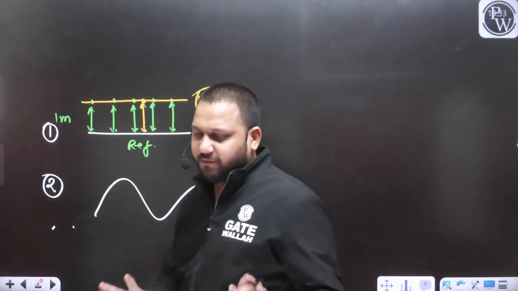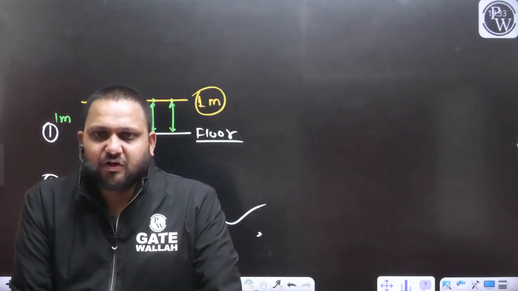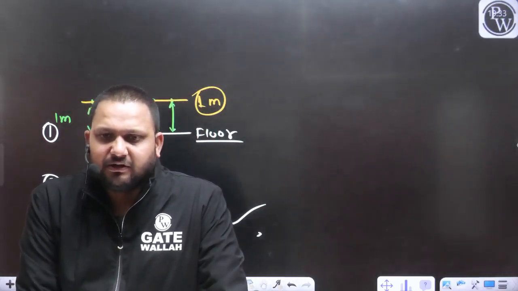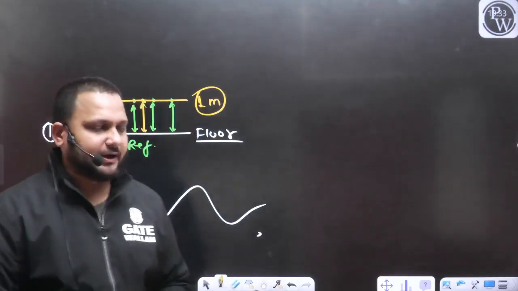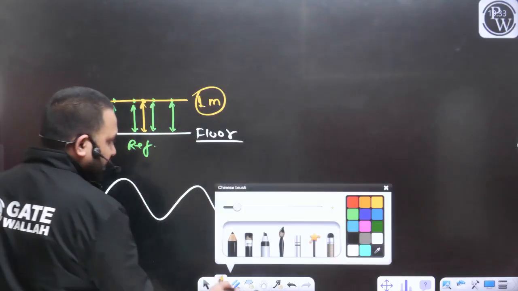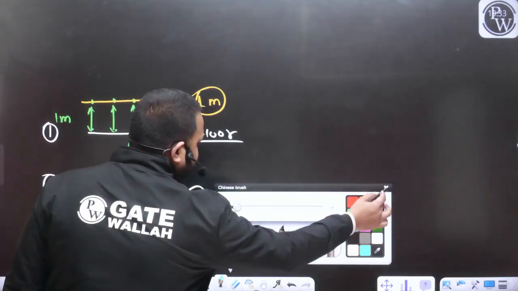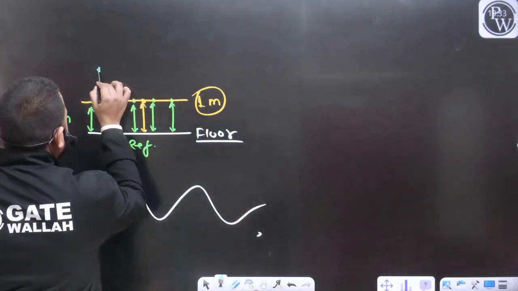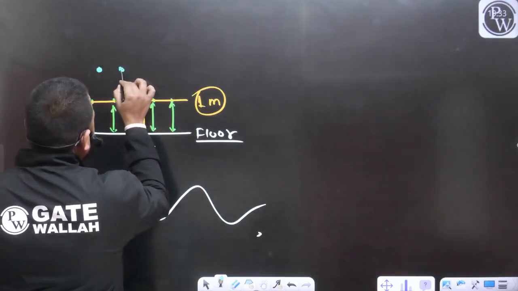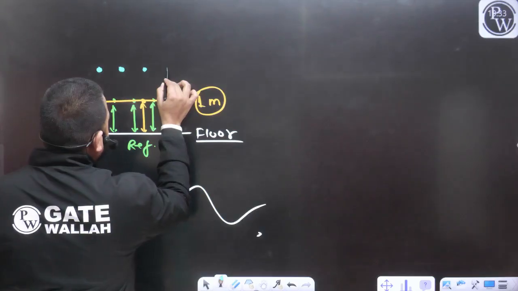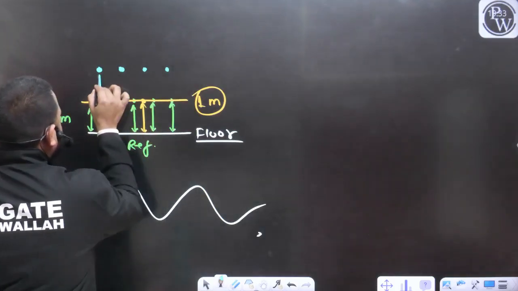Please confirm in the chat box that the definition of the contour is clear to everyone. For example, now we have located all the points which have the elevation of 2 meter from this floor.